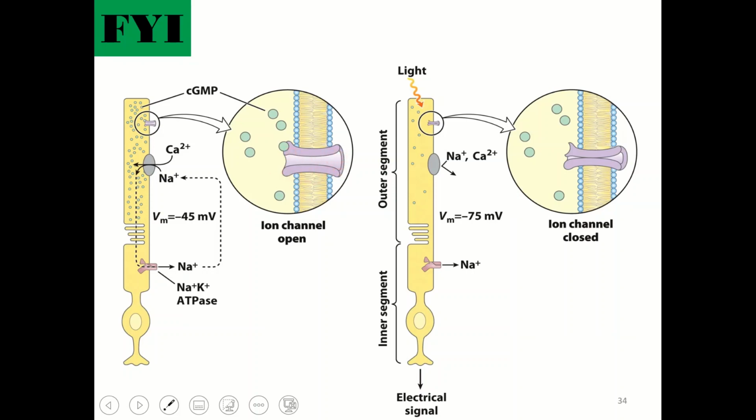Okay? When the ion channel is open, what we have is influx of calcium and sodium into the rod, and then we have also this sodium pump pumping sodium molecules out, right? So you're actively pumping sodium molecules out so that you can use this symport.